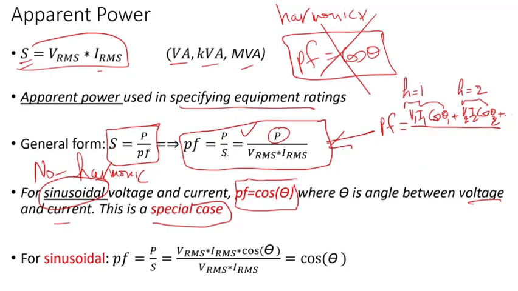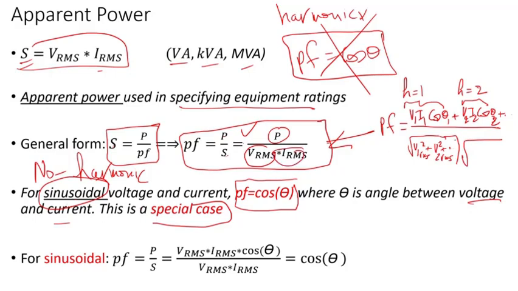We know V RMS. What is V RMS? From the previous equations, it's the square root of V1 RMS squared plus V2 RMS squared plus V3 RMS squared, and so forth. You write them all out. Times the RMS current.